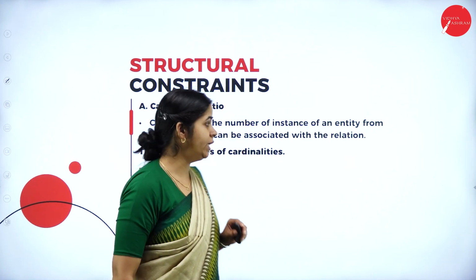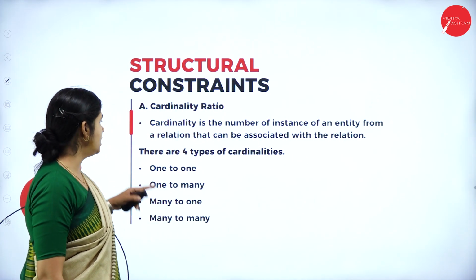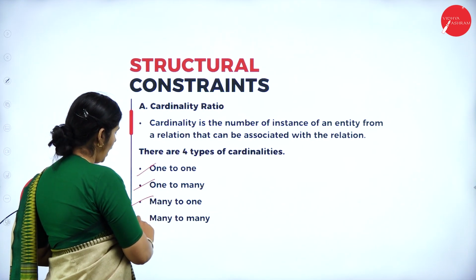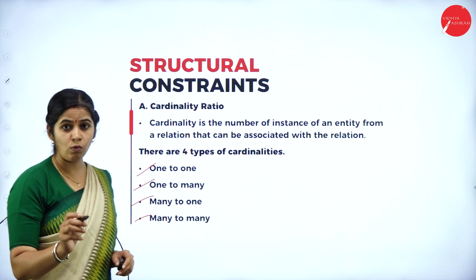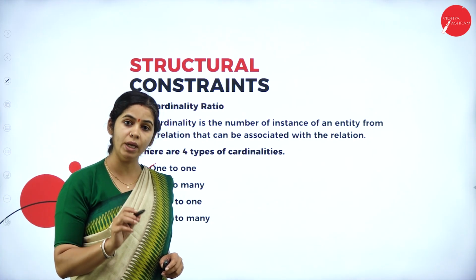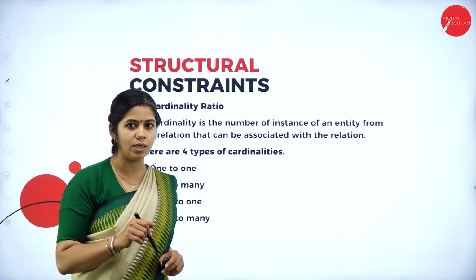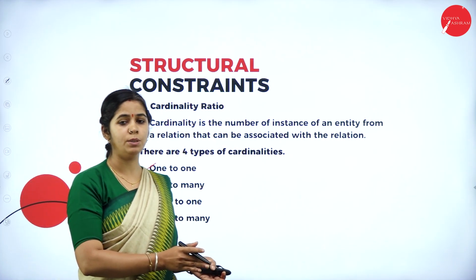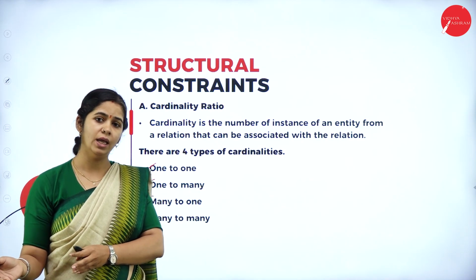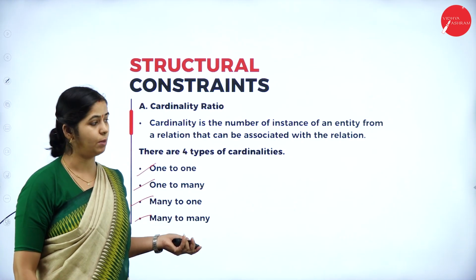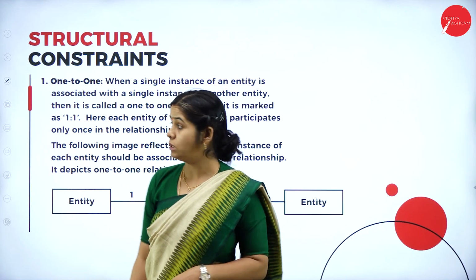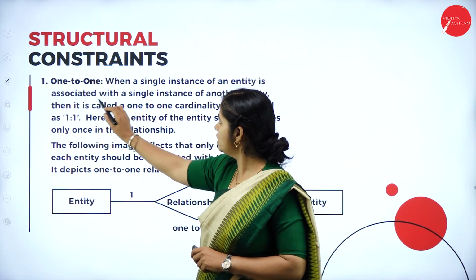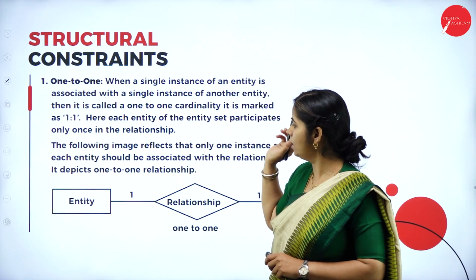Depending on the cardinality ratio, we can categorize the relationship into 1 to 1, 1 to many, many to many and many to 1. Depending on what? Cardinality ratio, how many are participating at that particular instant. Okay, so 1 to 1 means one entity is participating in a relationship with one other entity. Let's see one by one what is 1 to 1 participation. 1 to 1 is when a single instance of an entity is associated with a single instance of another entity.